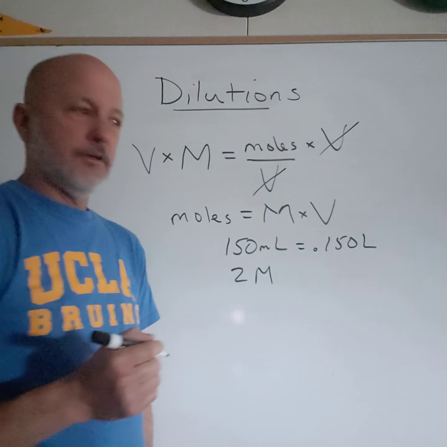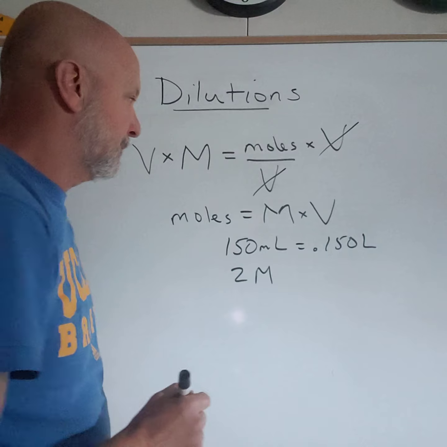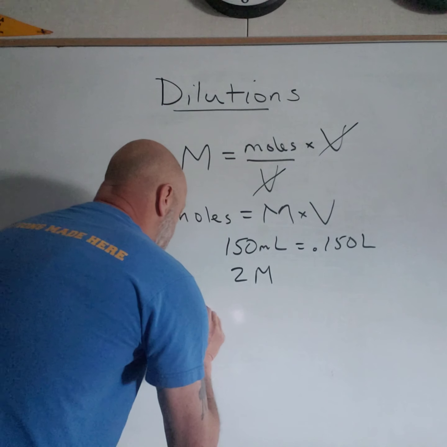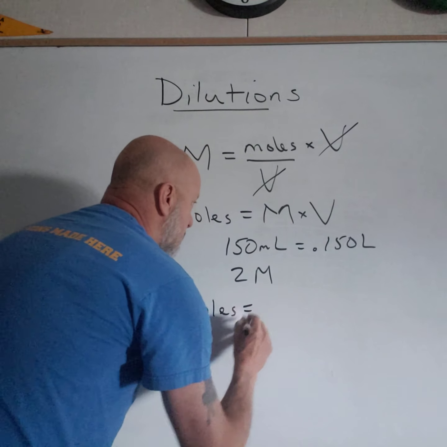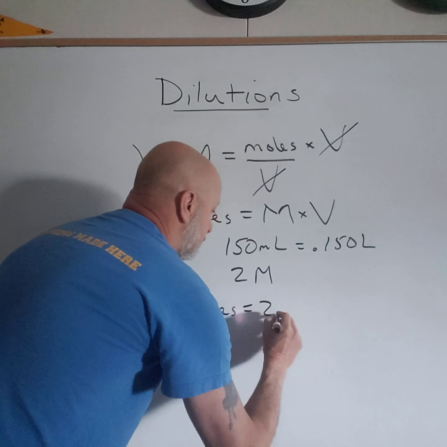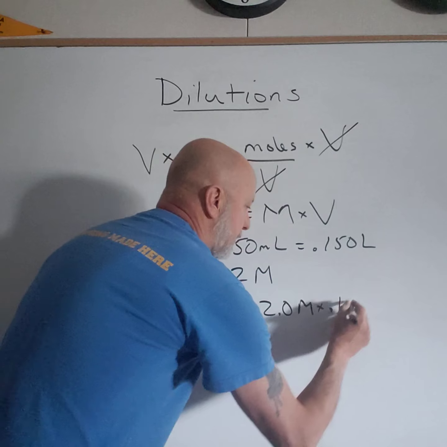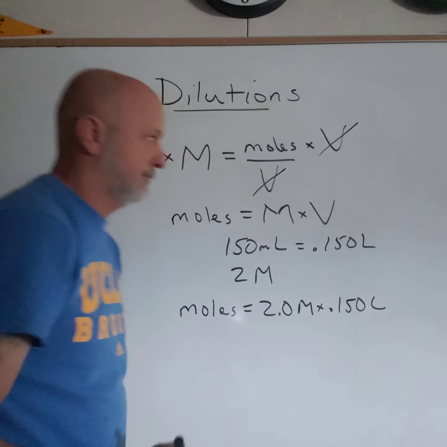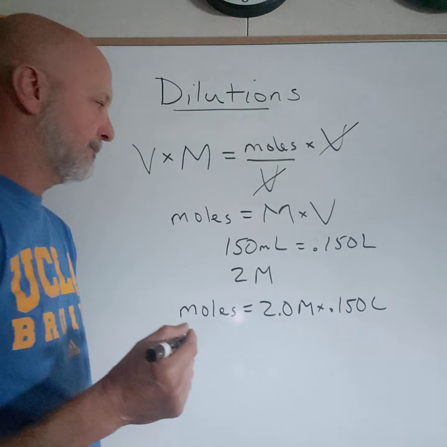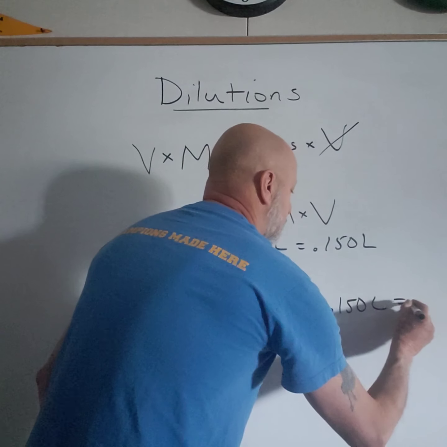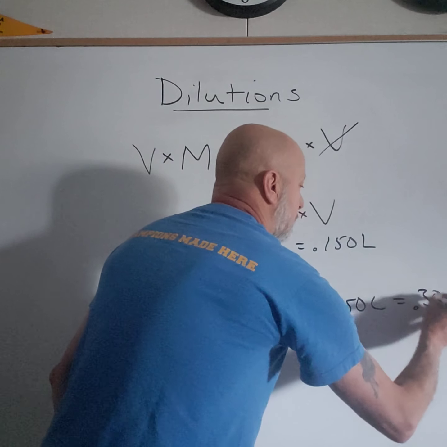There are 1,000 milliliters in a liter. So the moles in this solution equals 2.0 molar times 0.150 liters, which would equal 0.30 moles.